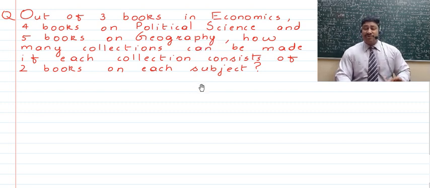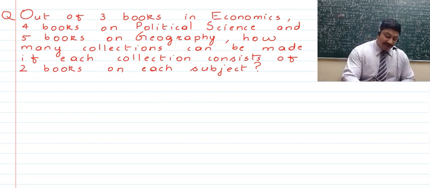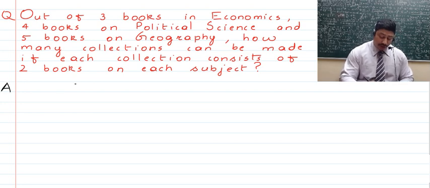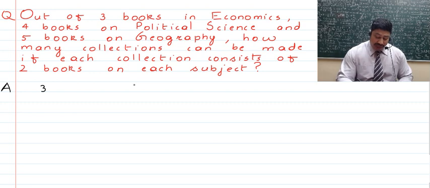And then we will try and find out how many such collections are possible. So obviously, in every collection, we can talk about from 3 books on economics, then from 4 books of political science we've got to choose 2, and then from 5 books on geography, we've got to choose 2.